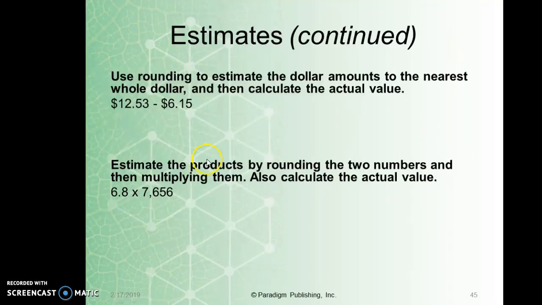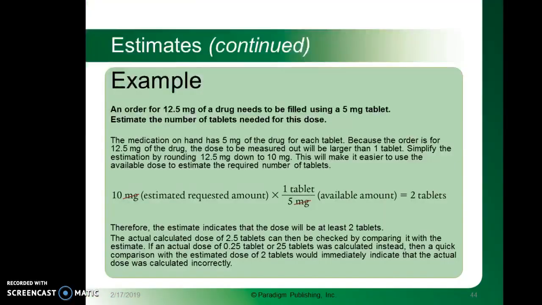So the medication on hand is 5 milligrams of the drug in each tablet. Because the order is for 12.5 milligrams of the drug, the dose to be measured out will be larger than 1 tablet.